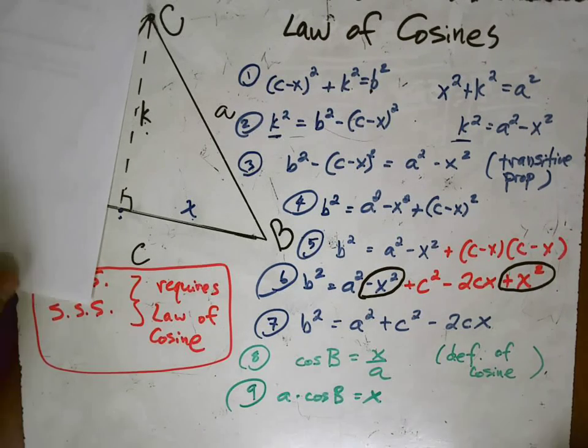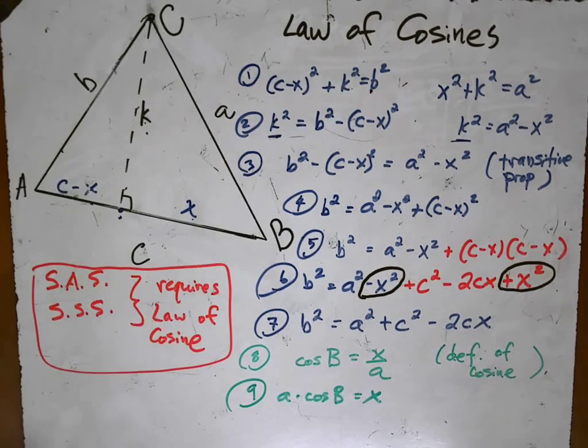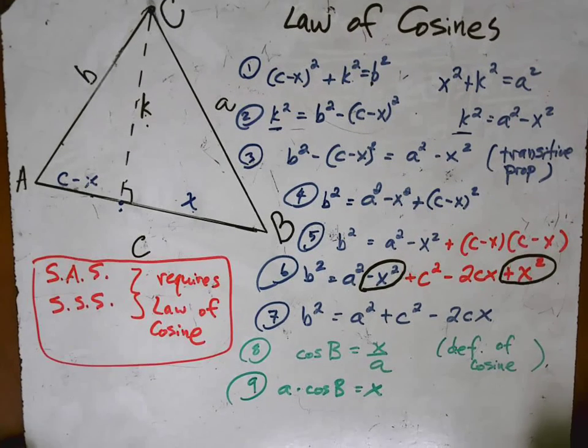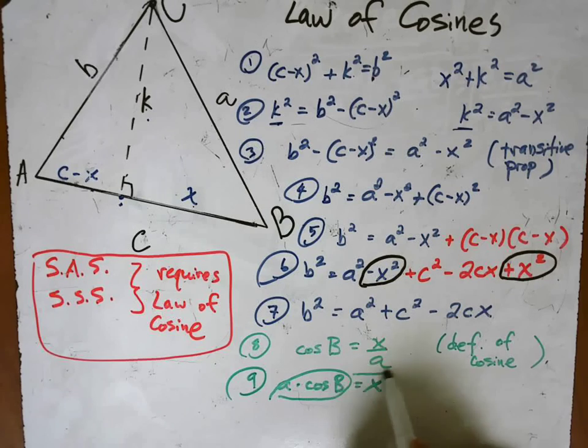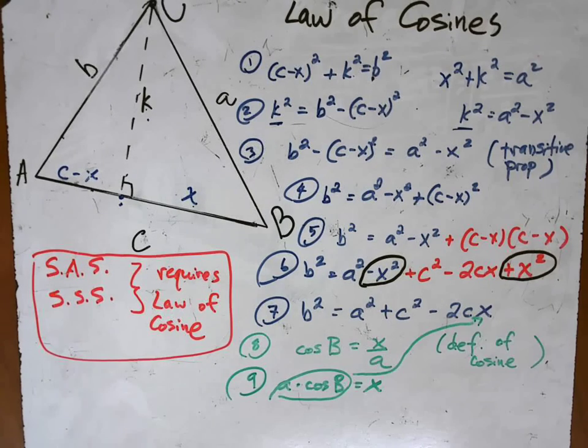So lastly, I can take this picture out of the way now. In step 9, I've solved for x, so I can take this expression and substitute it in here. Okay.